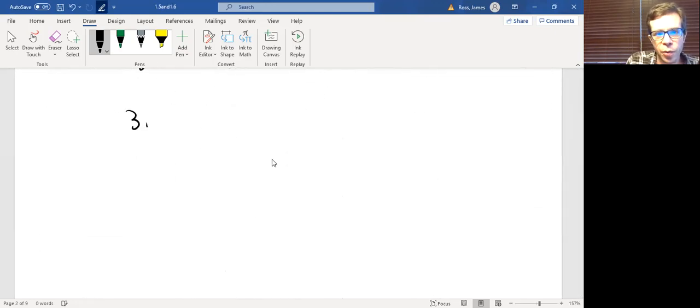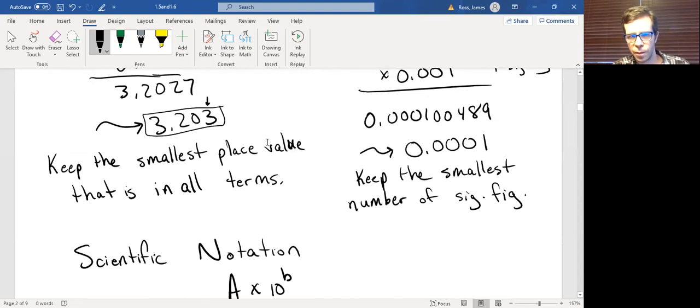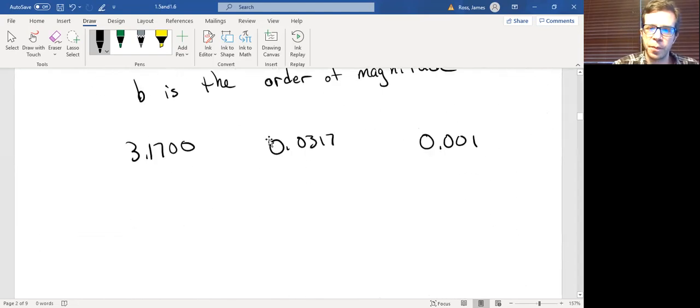We had 3.1700, we had 0.0317, and we had 0.001. Those were the numbers we were using. So let's write each of these in scientific notation.